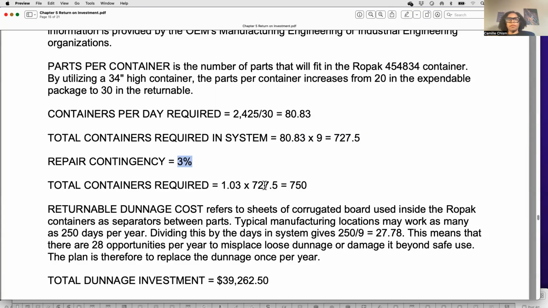It's the same thing. You should come up with the same number. Okay. And then you've got your returnable dunnage cost. So they're using sheets of corrugated that's in the roll pack, and it's just separating your parts.